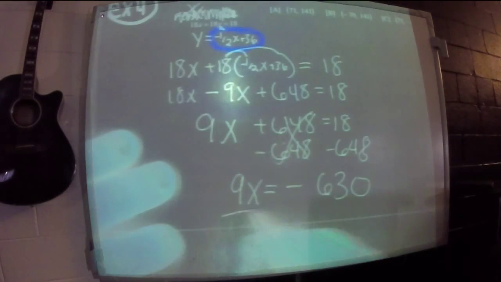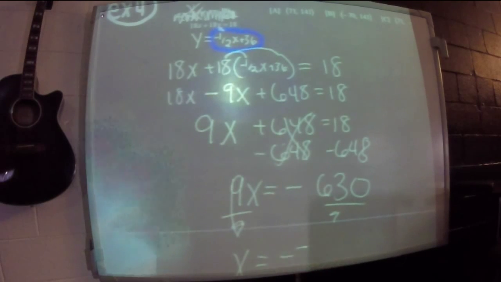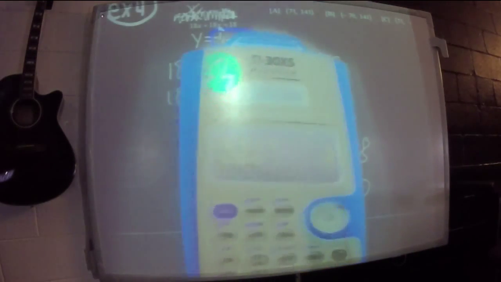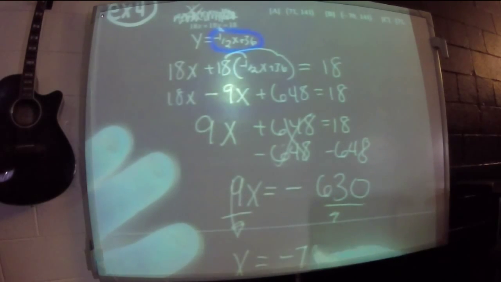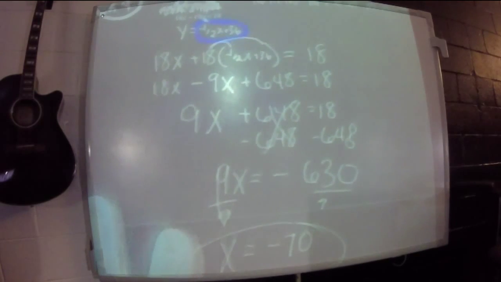Finish it by dividing. It's going to be negative. What is it? Is it 70? Hold on, it's negative 70. Negative 70 equals x. Okay, x equals negative 70.